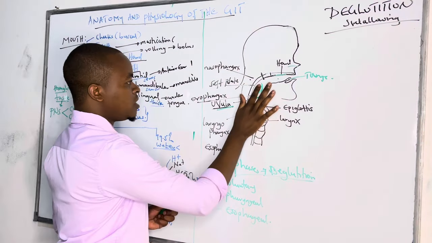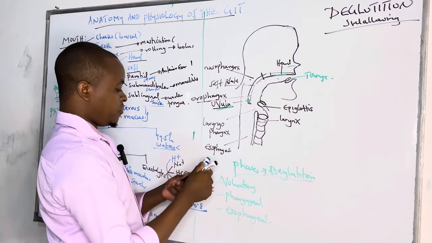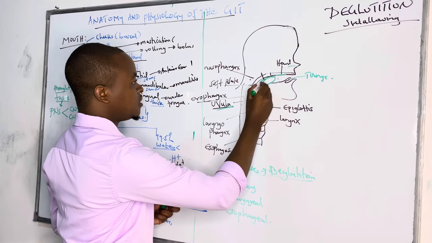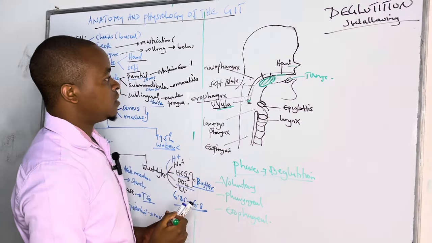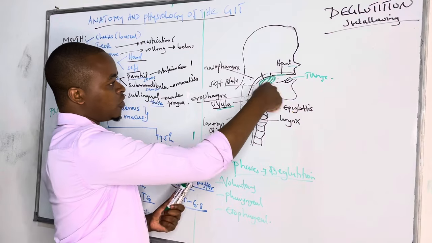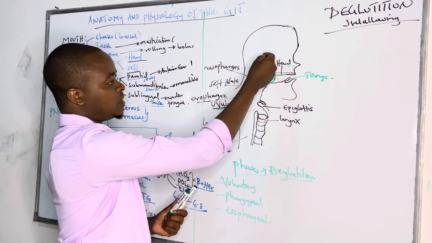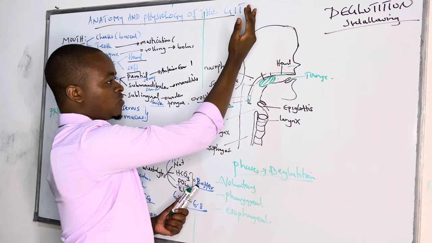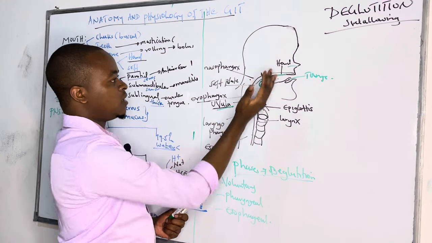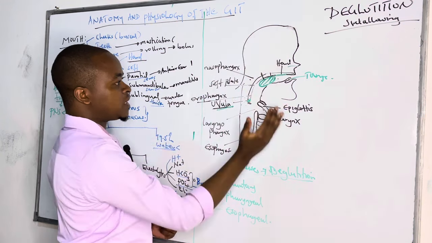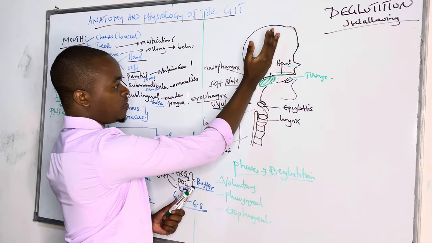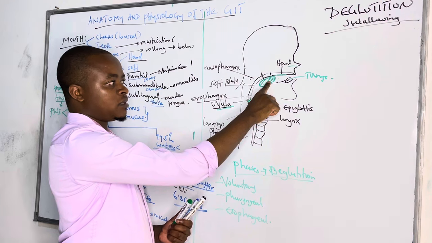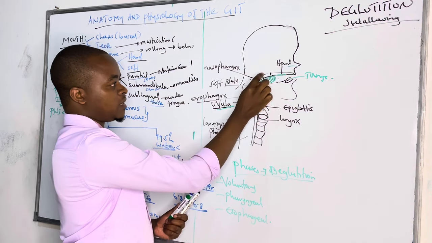So in the oral cavity, we have formed our food bolus. This is our food bolus. After the tongue rolls to form it past the hard palate, as the tongue rises using its genioglossus muscles and moves upwards, it presses the food bolus past the hard palate.